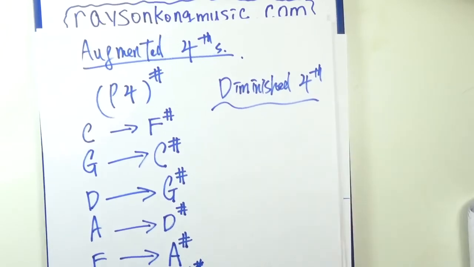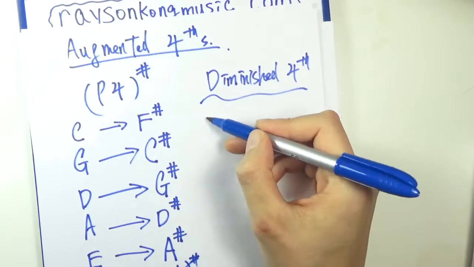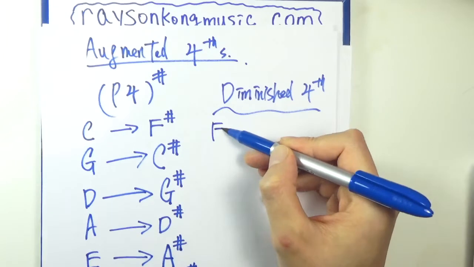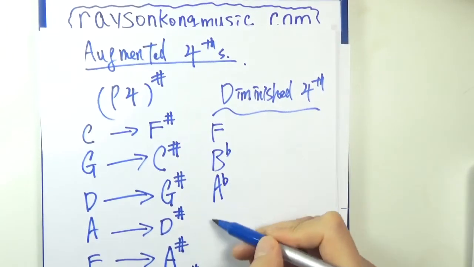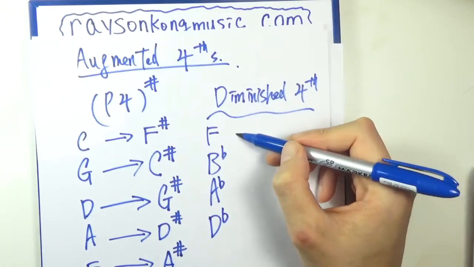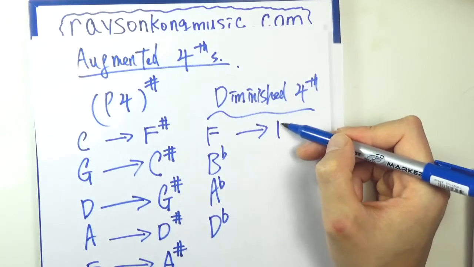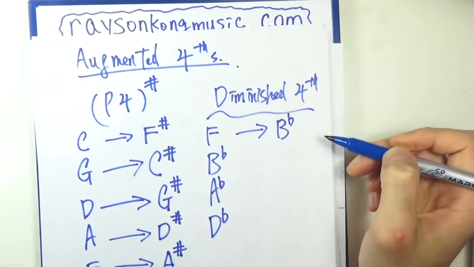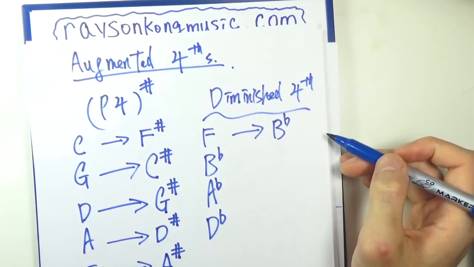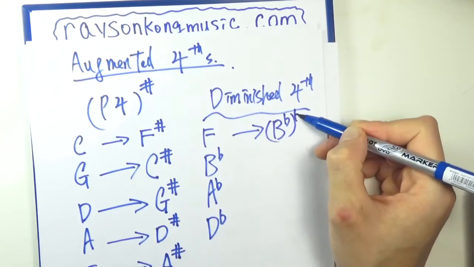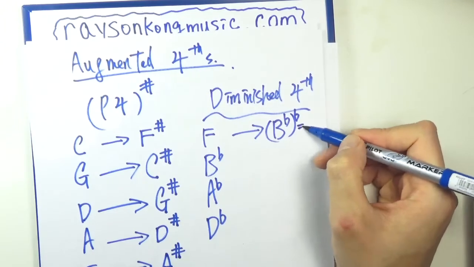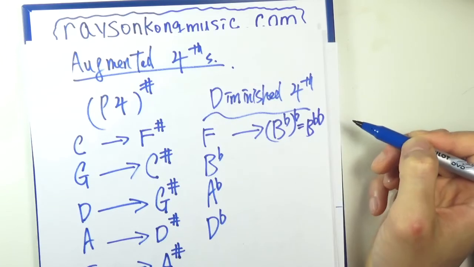All right. Again, so let me write down a few notes. So F, B flat, A flat, D flat. Okay, F, G, A, B flat is your perfect fourth. And in order to get a diminished fourth, you need to flatten your perfect fourth. So that's just a B double flat, all right?